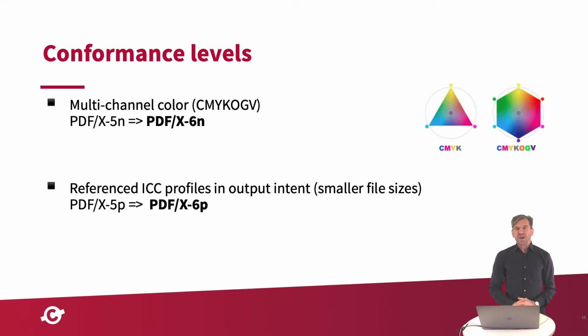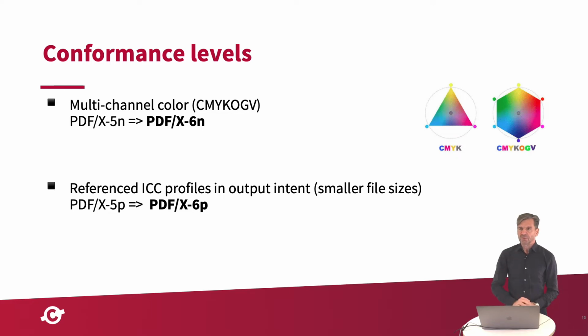Last slide on PDF X6, conformance levels. So actually we decided to keep what we believe are niche applications of PDF X5 in this case. Niche applications, but applications that are used, and that is PDF X6N, which is a successor of PDF X5N, and PDF X5N was about multi-channel color, usually more colors than the 4 process colorants, so more process colors, I should say.